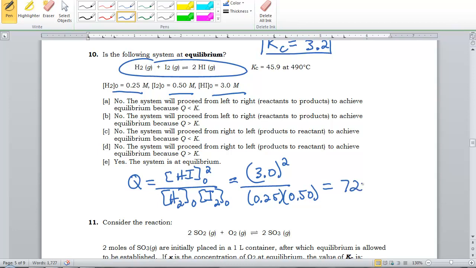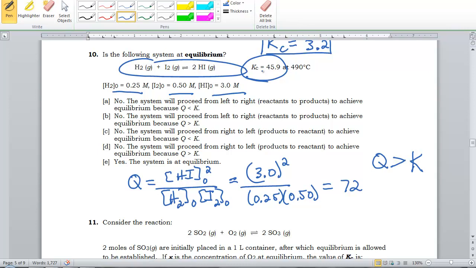All right, now, that number by itself doesn't tell us which way it's going to shift. We have to compare that to the equilibrium constant. So in this case, Q is greater than K. So first off, we are not at equilibrium. Absolutely not. At equilibrium, this value, which is 72 now, will have to equal 45.9. So Q is too large.